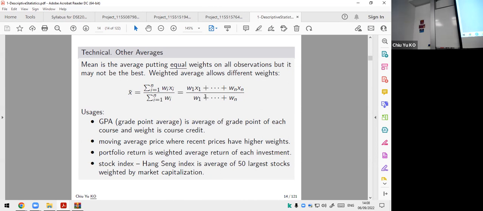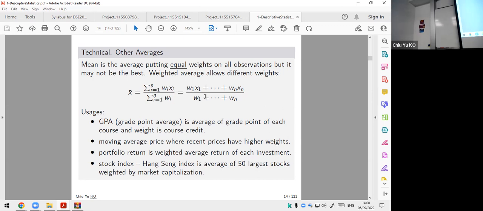Portfolio return is not simply the average return of each investment; the more you invest, the more return, so it's weighted by your portfolio weighting. And in Hong Kong, everybody knows the Hang Seng Index. The HSI is a weighted average of the stock movements weighted by capitalization, so the larger the stock, the more its movement is reflected in the index.